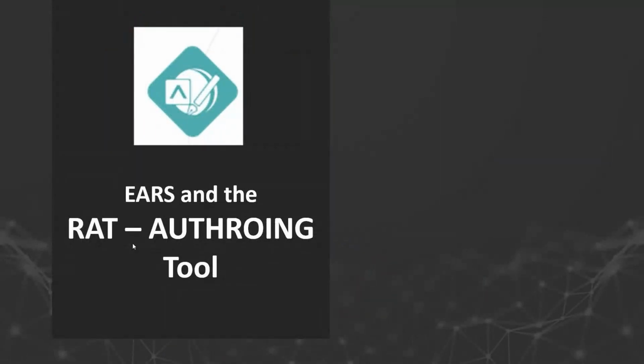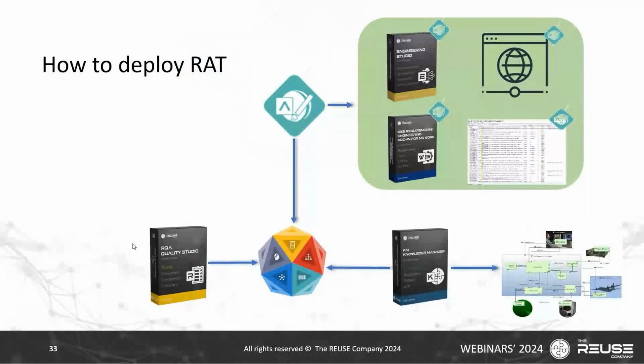Now, how can you reach these ES patterns, and how can you reach this extension of the ES patterns with all these subgrammars? All this is implemented through our RAT tool, the authoring tool. So how does this tool connect to the rest of the ecosystem? This is the full ecosystem, where we have this tool representing the RAT.